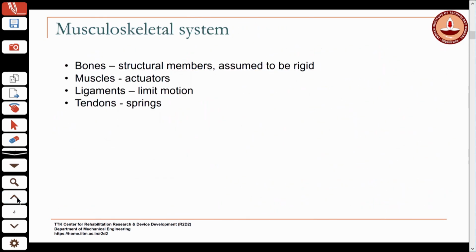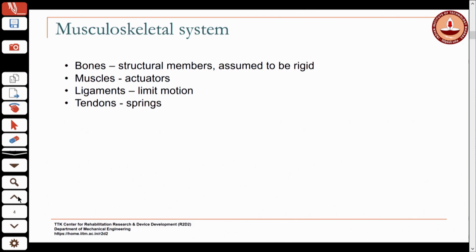When we look at the structure of the musculoskeletal system, as engineers we can draw parallels between the structures in the human body and what we are typically used to. So, in the skeletal system, the bones are considered the structural members.